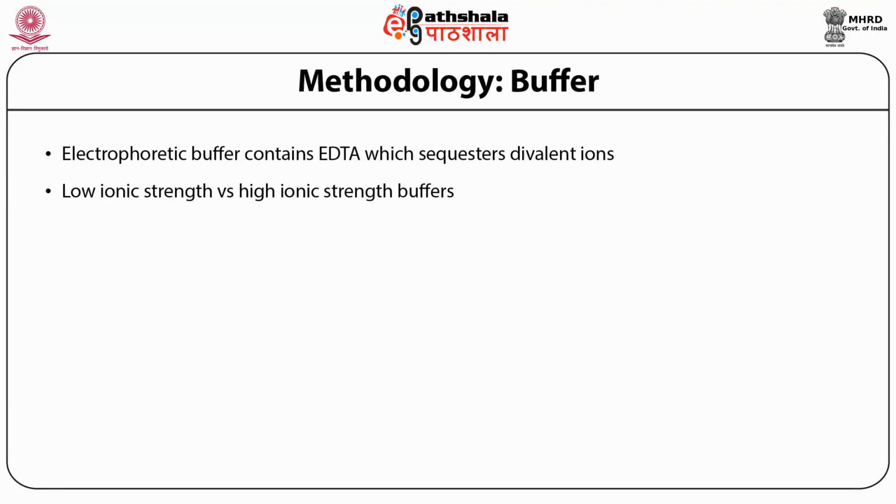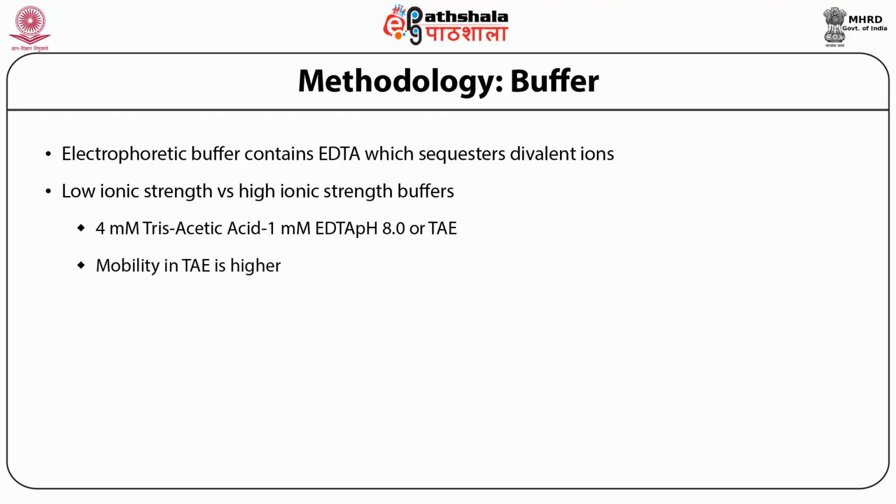Low ionic strength as well as relatively high ionic strength buffers is used in agarose gel electrophoresis. Low ionic strength buffer is popularly referred as tris acetic acid EDTA or TAE buffer, which essentially contains 4 millimolar tris, 1 millimolar EDTA, and the pH of buffer is adjusted to 8.0 with acetic acid.